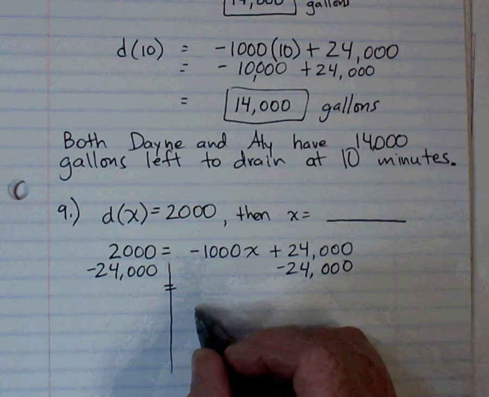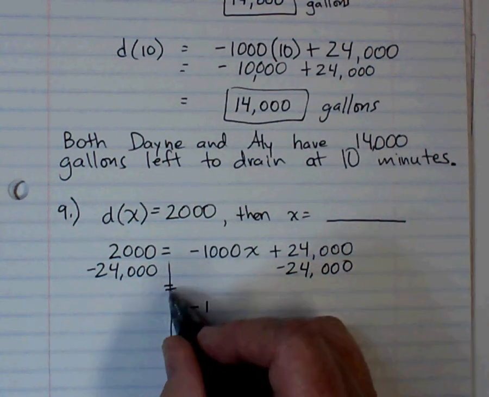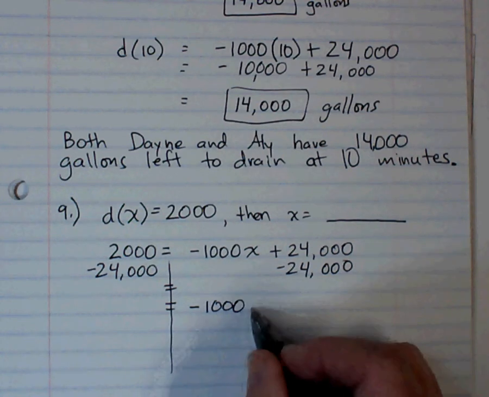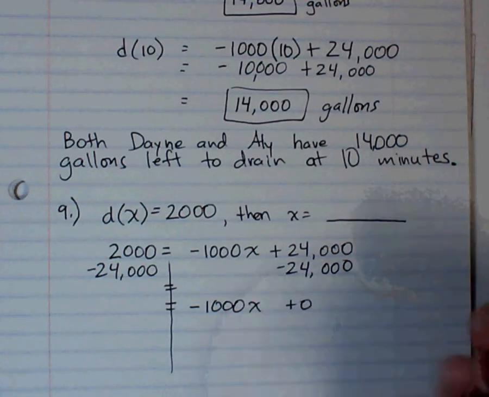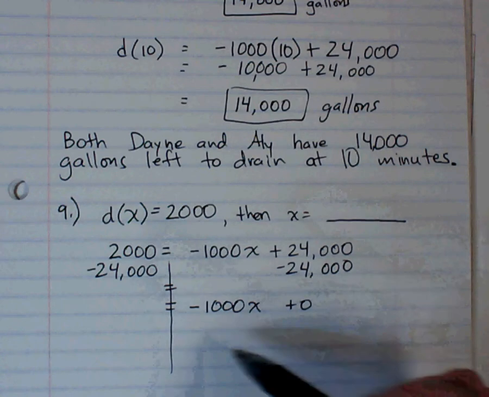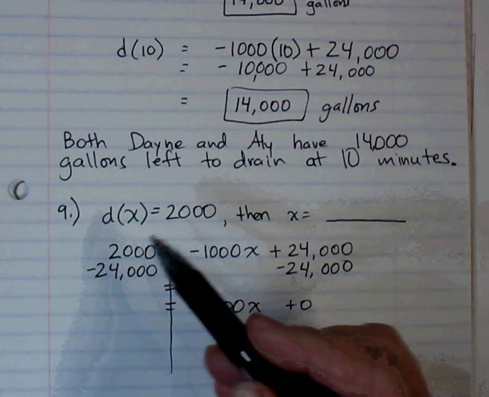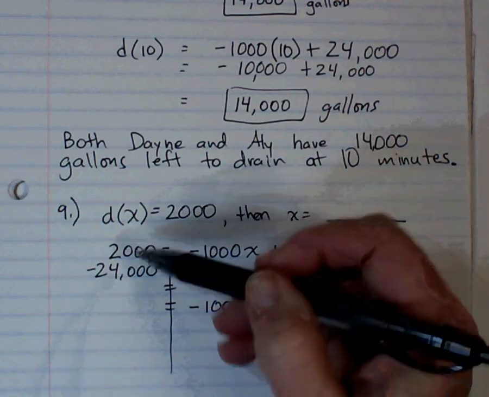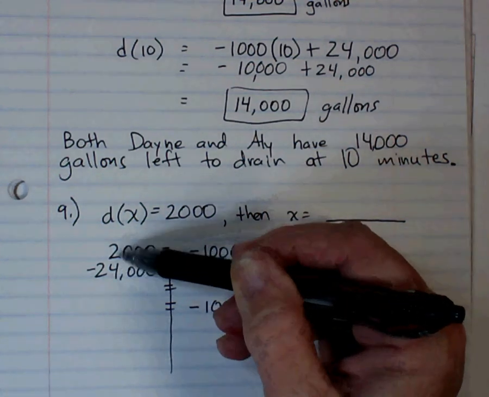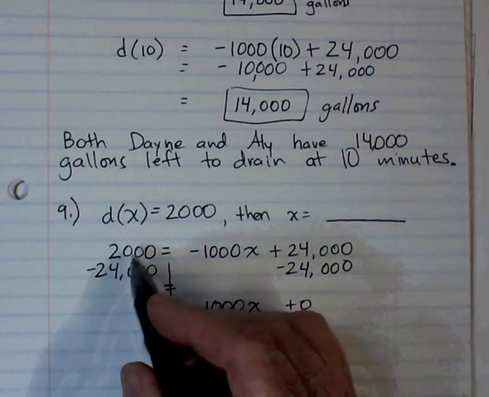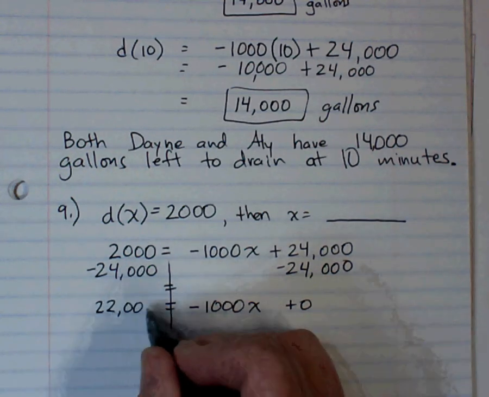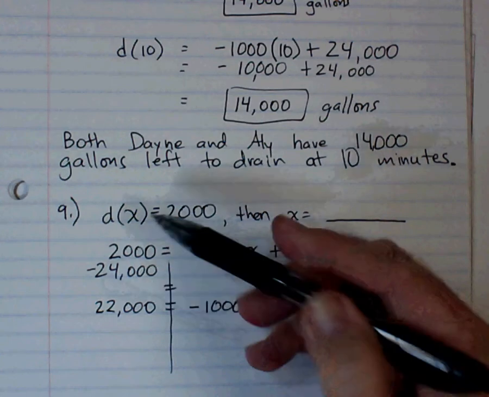So we're going to end up with negative 1 equals negative 1,000x plus 0, which is just a 0 sitting there. Plus 0 doesn't change anything. Here, if I'm going to subtract 24,000 minus 2,000, because I have a positive and a negative that I'm adding together, I'm going to end up with 22,000, and is it going to be negative or positive? Well, there's more negatives than positives.